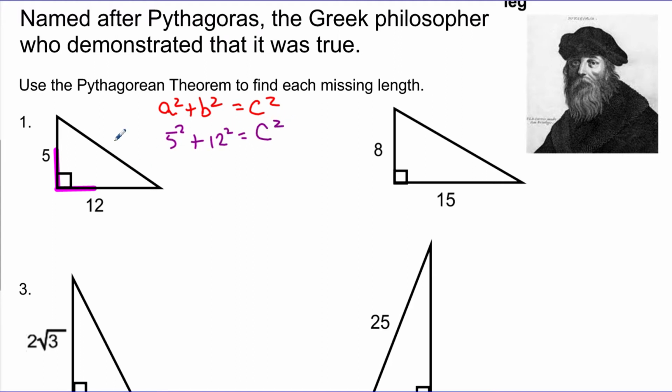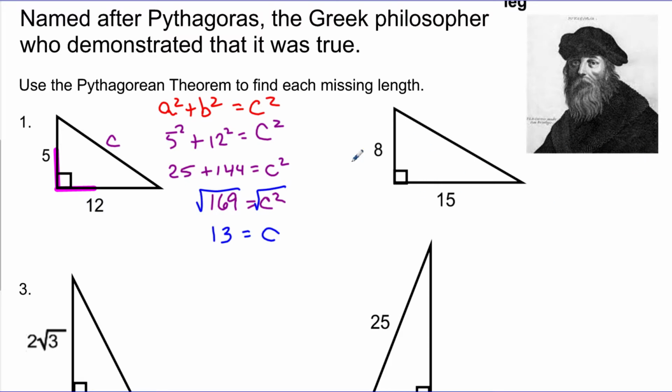I'll call this side c. So now 25 plus 144 equals c squared. Well, 25 and 144 is 169. Then to solve for c, to get rid of the squared, I'm going to use its opposite, which is square rooting, and I find that c is equal to the square root of 169, which is a nice number. It's 13. So I know that this side is 13.